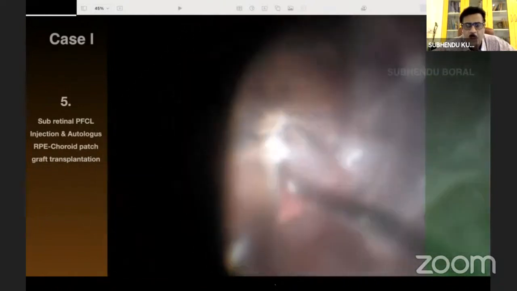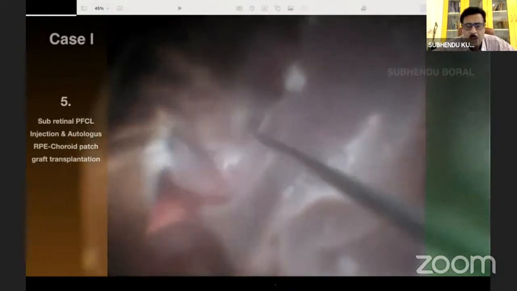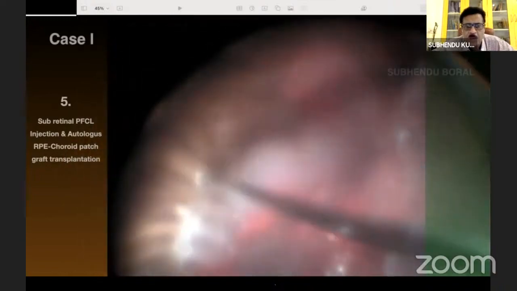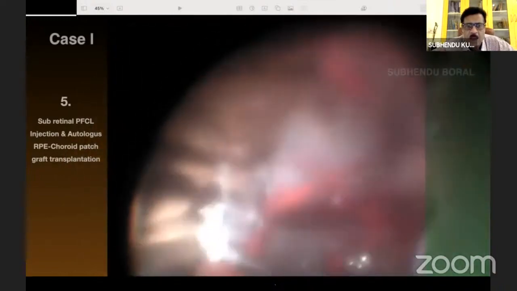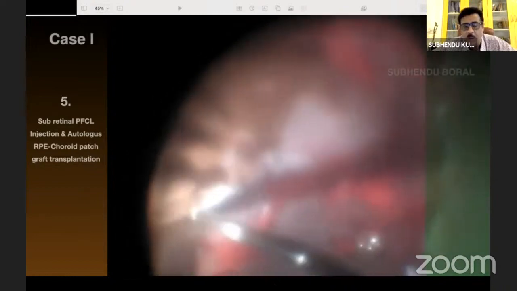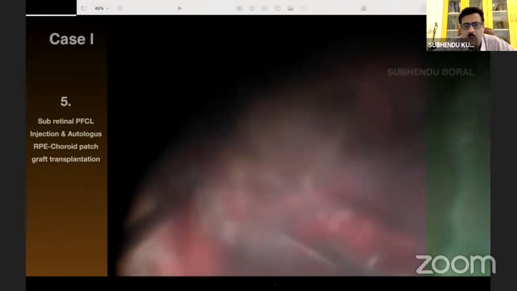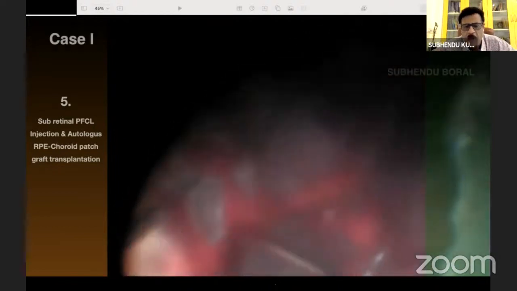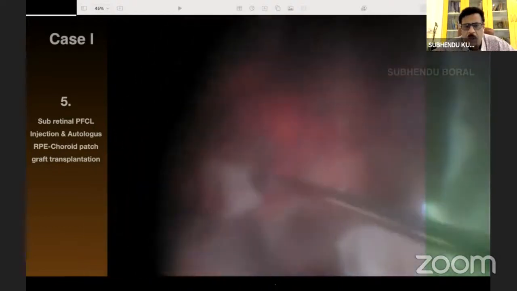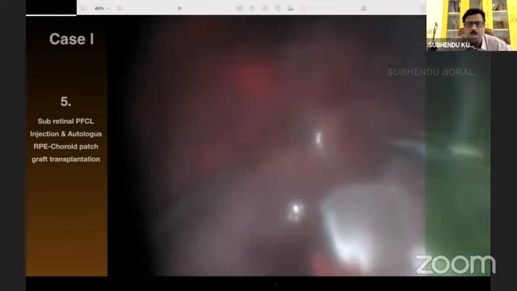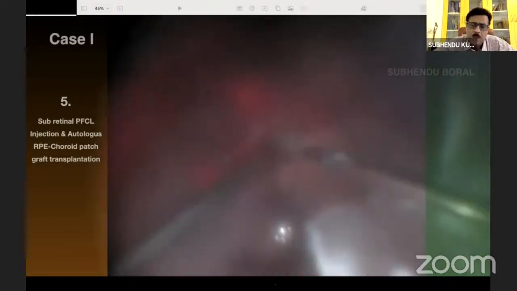After removing all kinds of blood, inject PFCL to keep the retinal flap away from your working area. In this case, there was associated choroidal detachment, so the case became easier for me because I am using the cutter to lift up the graft from the surrounding choroid and translocate this graft under the PFCL into the proposed site of the fovea.